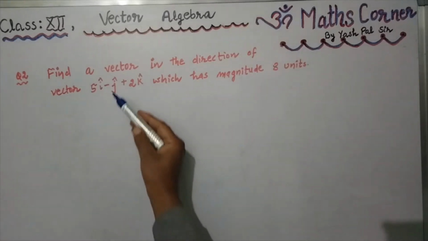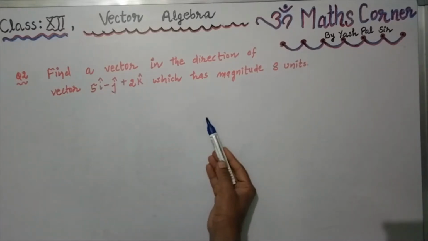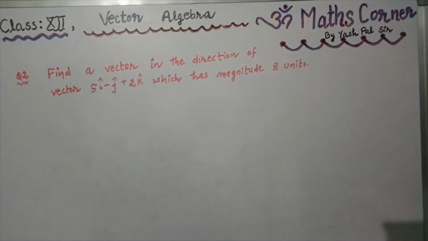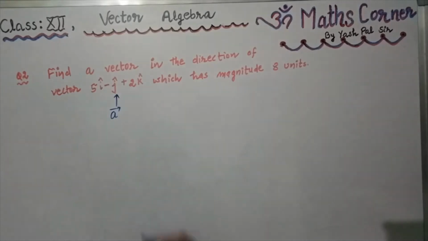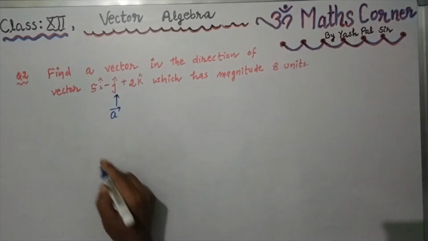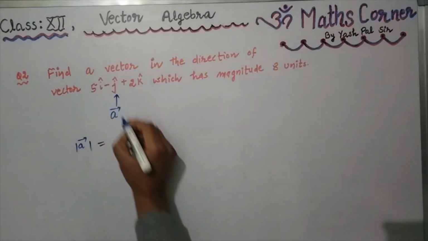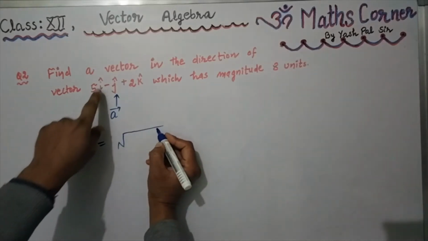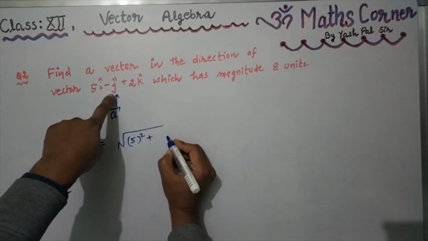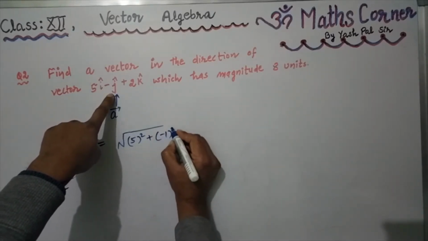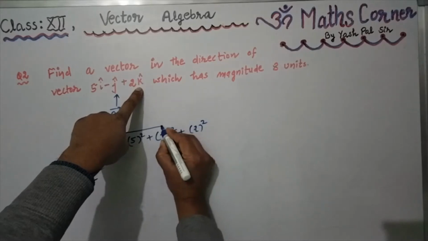Question number 2. Find a vector in the direction of vector 5i minus j plus 2k which has magnitude 8 units. First of all we suppose this vector to be vector A. To find the required vector, first we find the magnitude of vector A. This is equal to square root of the coefficient of i, which is 5, its whole square, plus the coefficient of j, which is minus 1, its whole square, plus the coefficient of k, which is 2, its whole square.